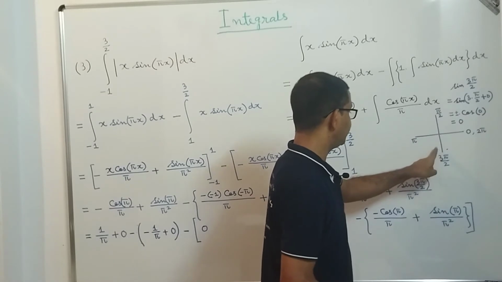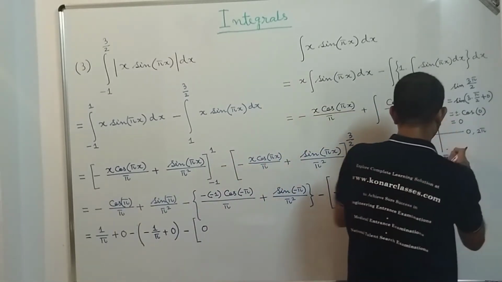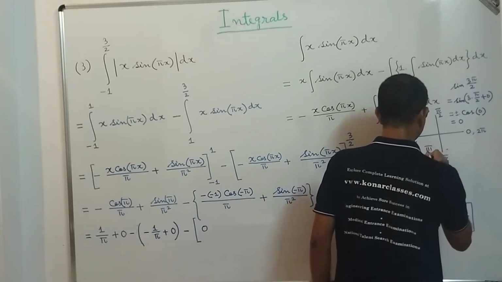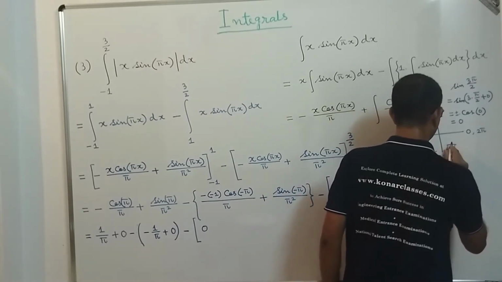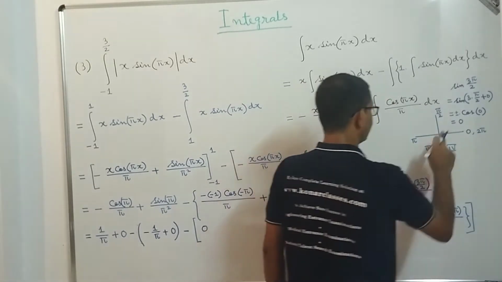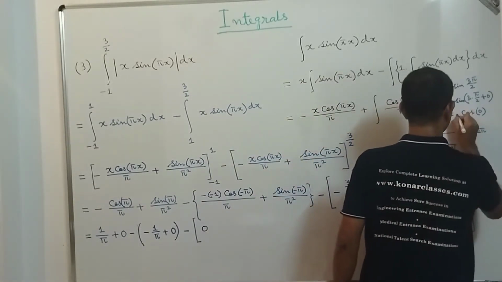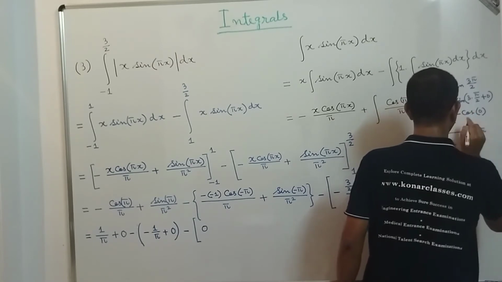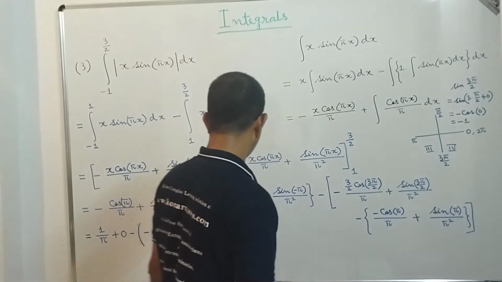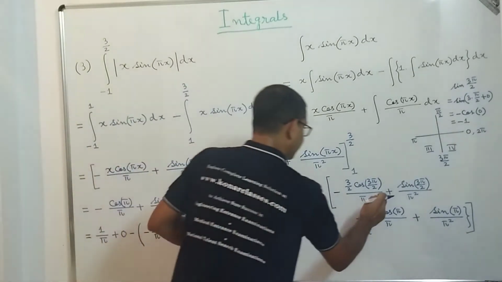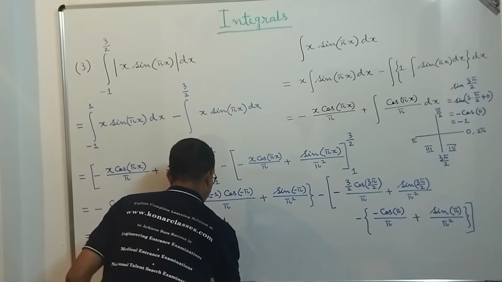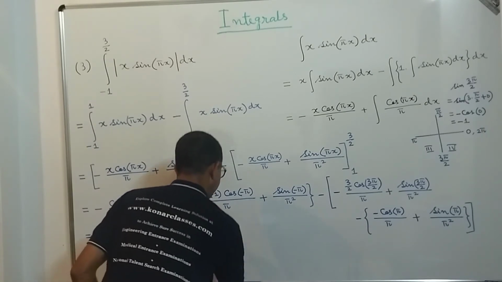You can consider 3 pi by 2 plus 0 or minus 0, in any case it is in the third or fourth quadrant, where sine is negative, so it will be minus cos 0. What is the value of cos 0? The value of cos 0 is 1, so the value of sine 3 pi by 2 is equal to minus 1. So we can write here minus 1 by pi square.